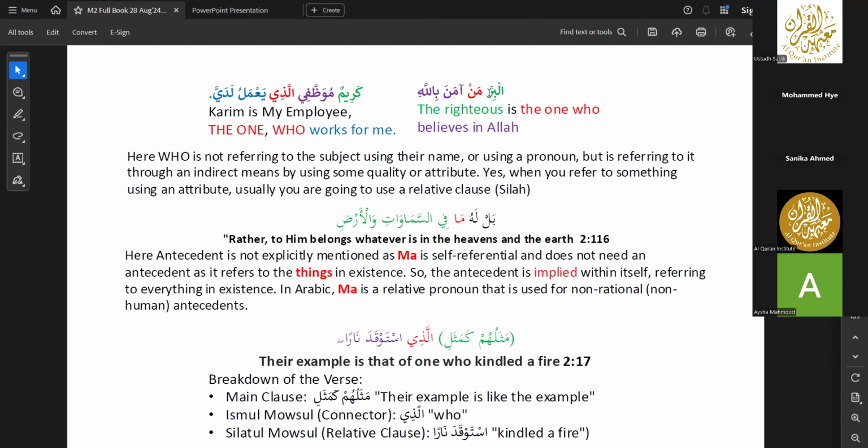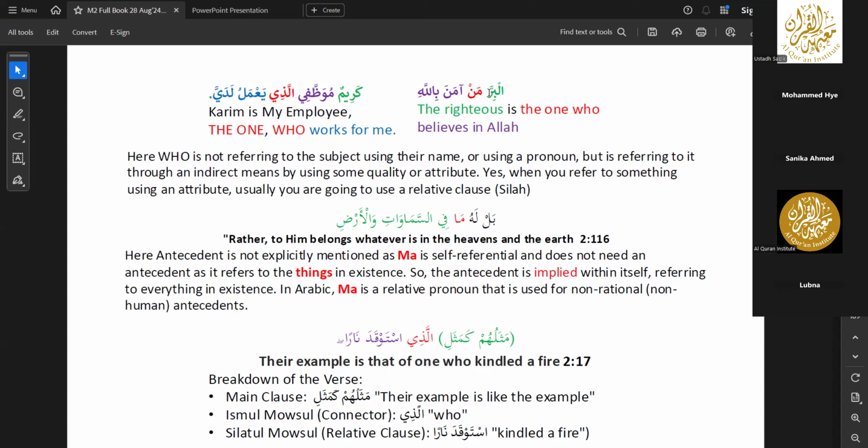But what is it in the new terminology we learned? Man is also the antecedent, but the mubtada is also the antecedent. Because of the new terminology you learned, I want you to try to remember that.